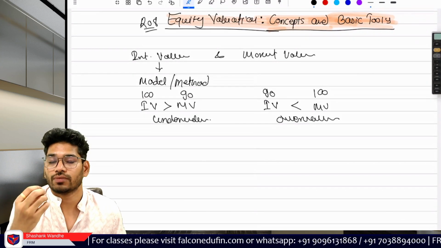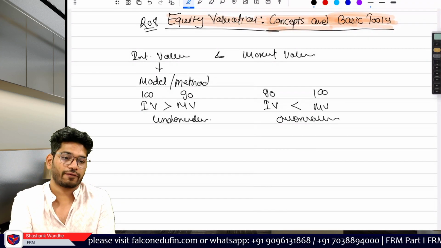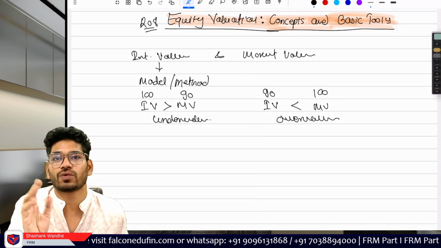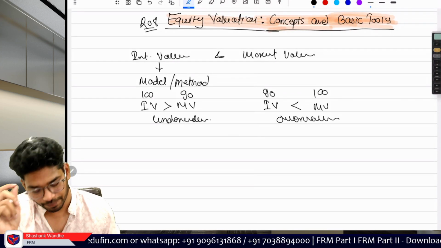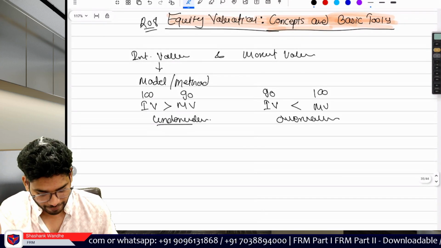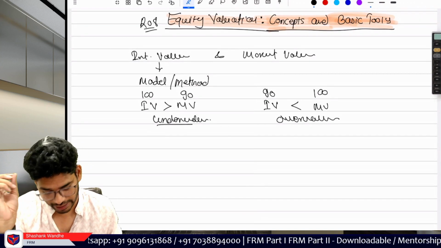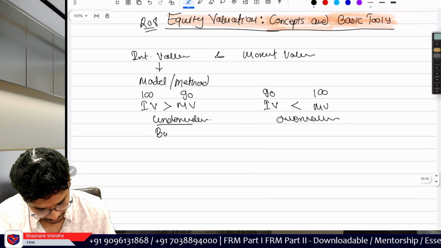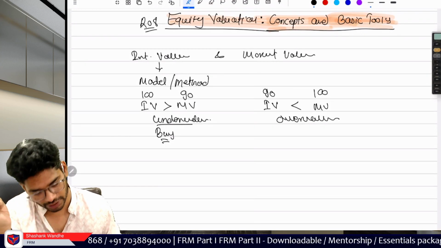Now, if you think, this is maybe your opinion based on your analysis, that the market value will approach the intrinsic value. So if the security is undervalued, as per your calculation it should be 90, but you are seeing the value 80, then the investor should buy this security in this situation.